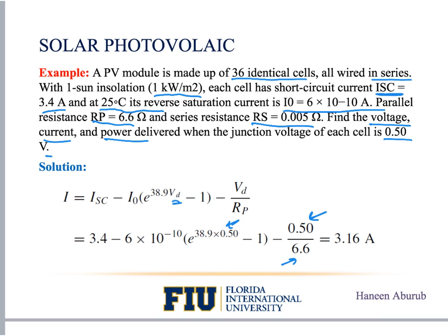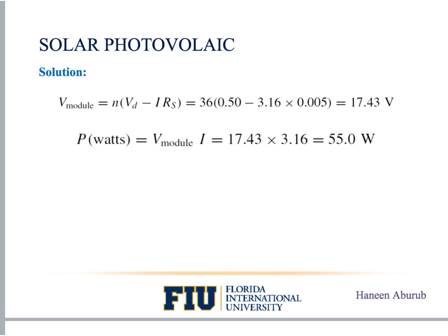I know the reverse saturation current is 6 times 10 to the minus 10, and the I short circuit was given to be 3.4 amps. So all the required information is there. By that we can calculate the current, which is 3.16 amps, the current passing through one cell and all the cells, since the module cells are connected in series.